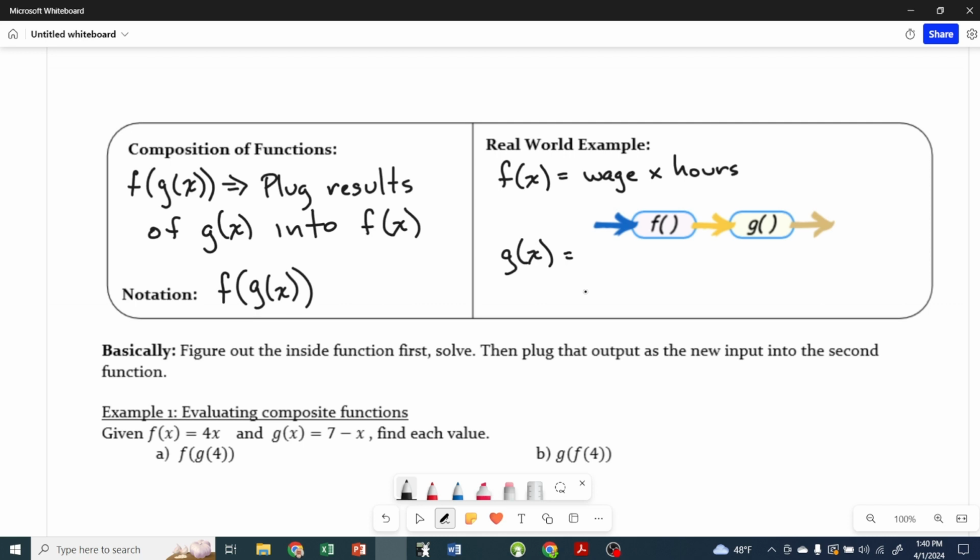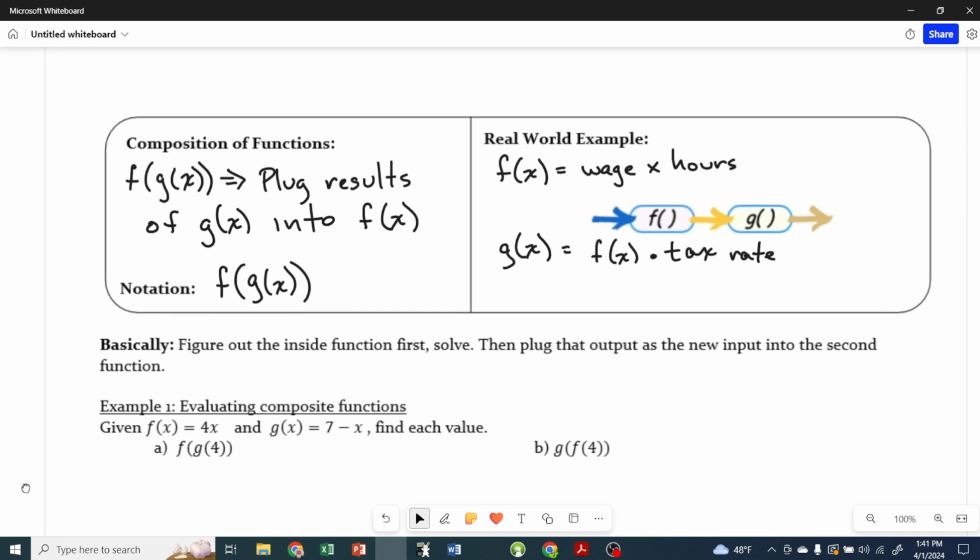How much do you pay in taxes, right? So that's where you take f of x and plug that into the tax rate, so multiply the results of that times the tax rate. That's a real world example of where we take a calculation and plug that into another formula to get your net pay.